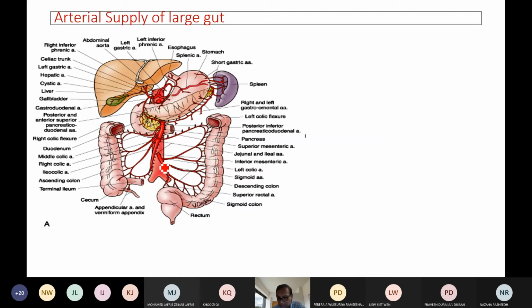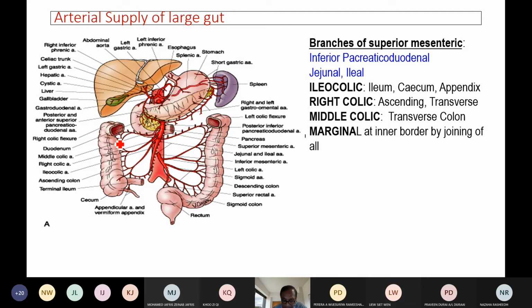So superior mesenteric, what are the branches it is giving? First branch we have already seen here, correct? The first branch comes here and goes to the second part of duodenum, inferior pancreaticoduodenal. Then over here it gives jejunal and ileal branches. Then the last branch going to supply the appendix and cecum is the ileocolic artery.